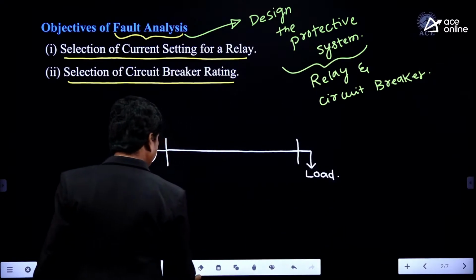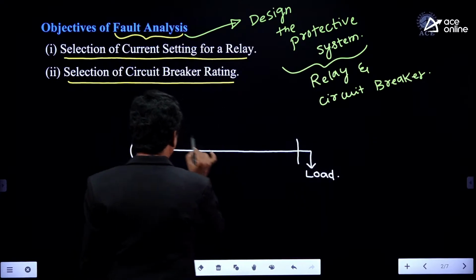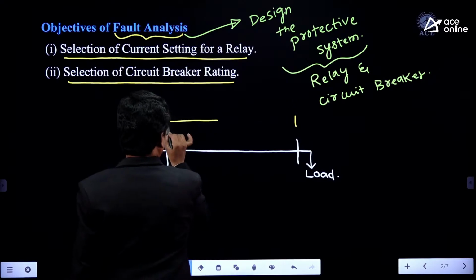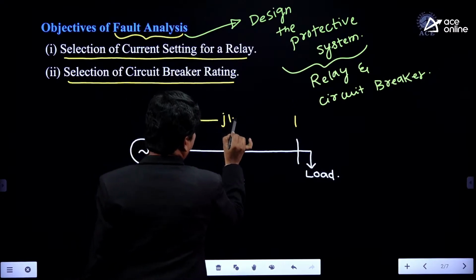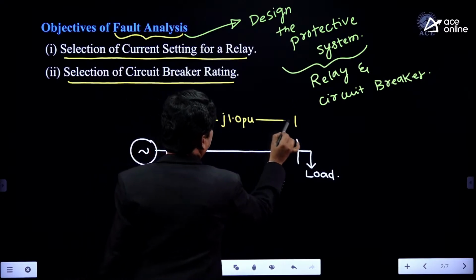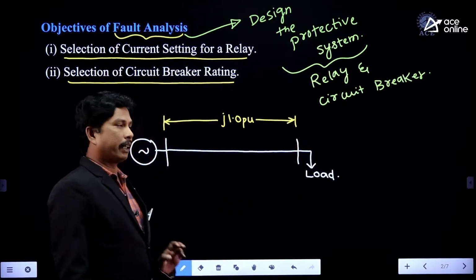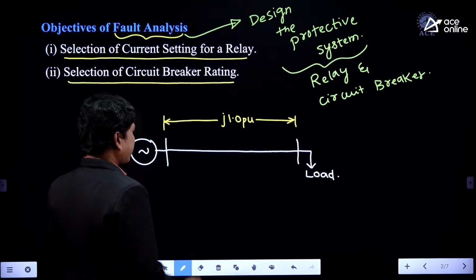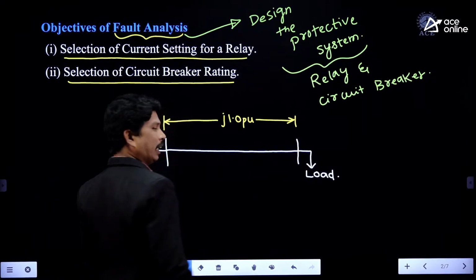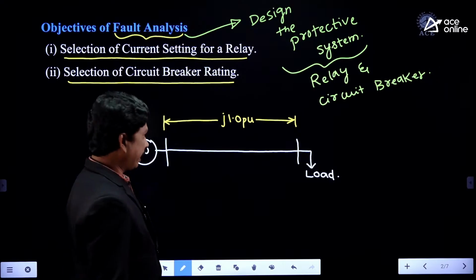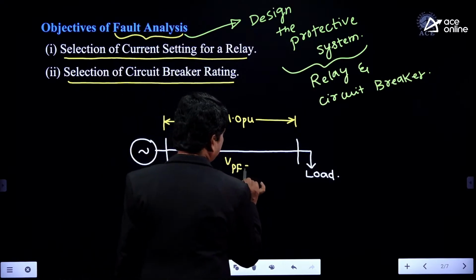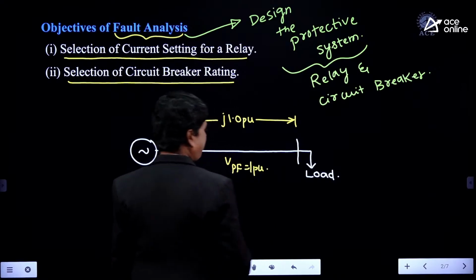Now this transmission line has an impedance of j1.0 per unit in the line. The pre-fault voltage at all the locations will be 1 per unit, for example. So V pre-fault is equivalent to 1 per unit.